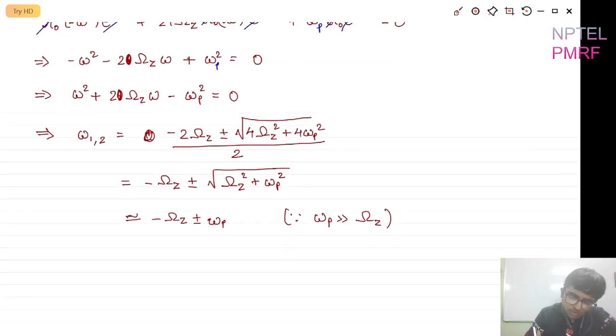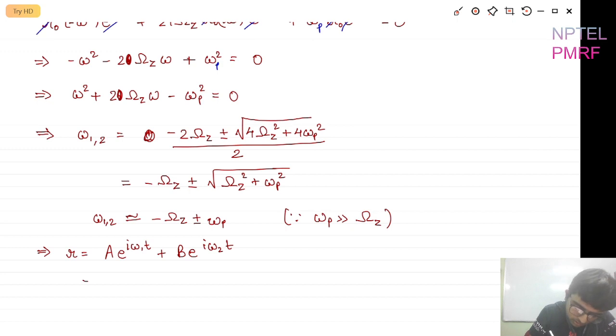Right? So now the solution becomes r is equal to some a times e to the power I omega 1t plus b times e to the power I omega 2t, where omega 1, 2 are these quantities. So a times exponential of minus I omega zt and exponential of plus I omega pt, plus b times exponential of minus I omega zt times e to the power minus I omega pt.